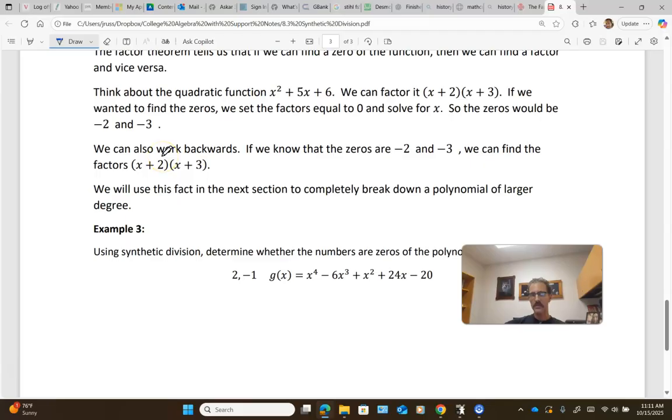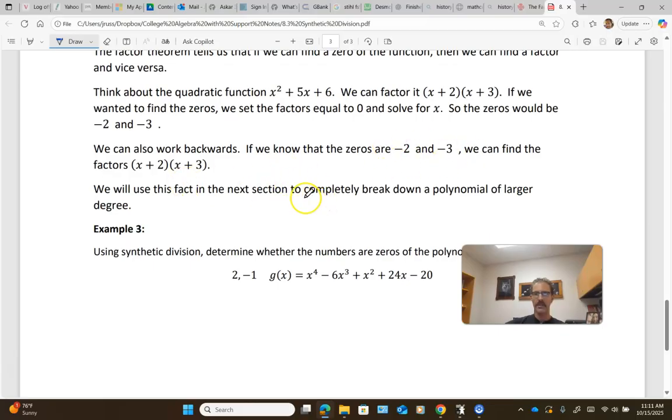But it also allows us to work backwards. If we know that the zeros of a function or a polynomial are negative 2 and negative 3, then we also know that the factors that make up that polynomial have to be x plus 2 times x plus 3. Okay?